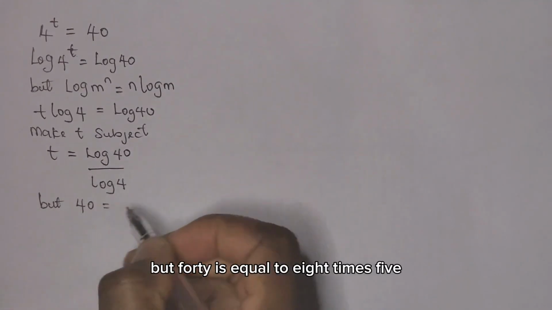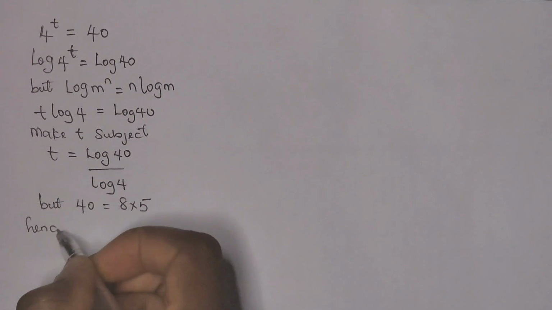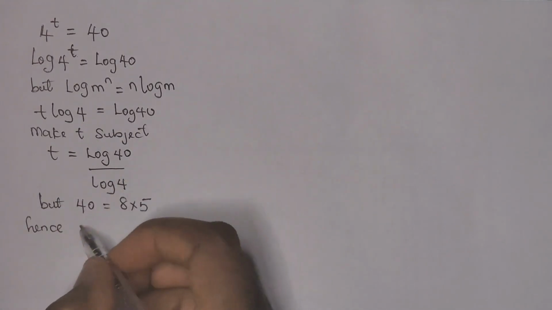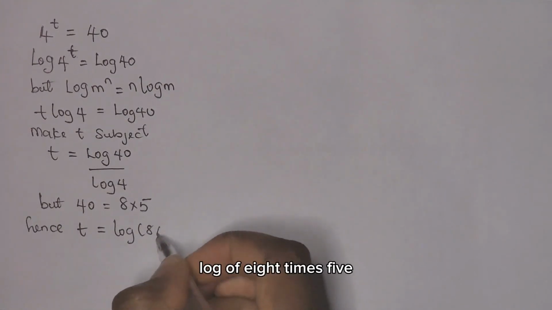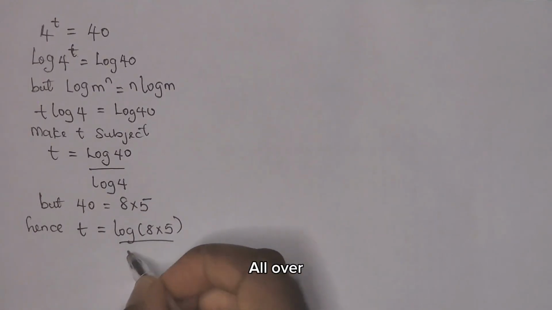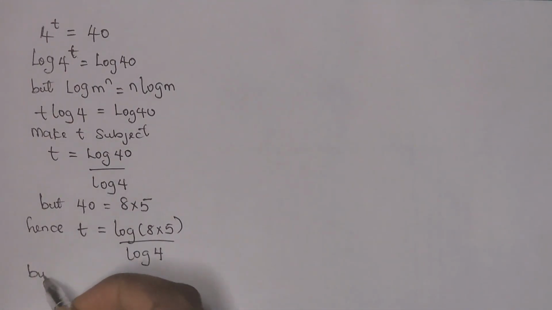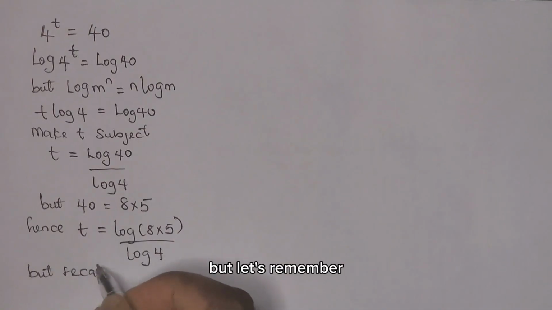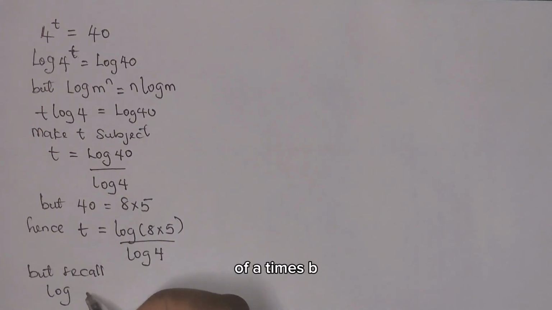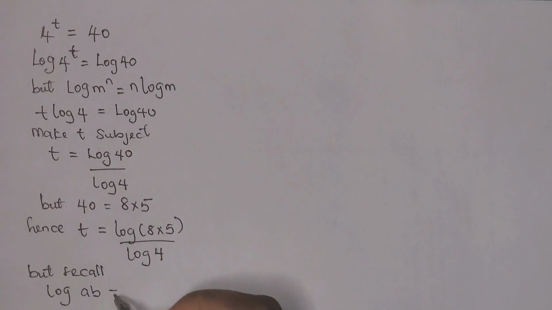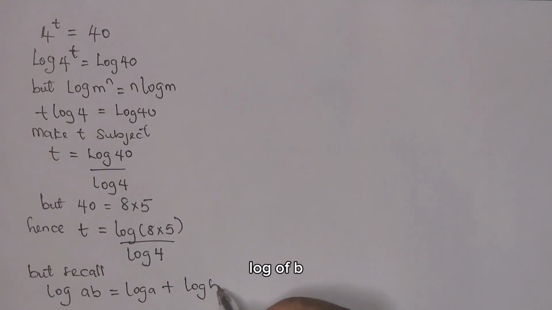But 40 is equal to 8 times 5. Hence, t will then be equal to log of 8 times 5 all over log of 4. But let's remember that when we have log of a times b, this is the same as log of a plus log of b.